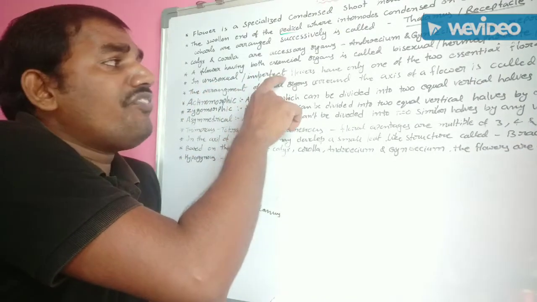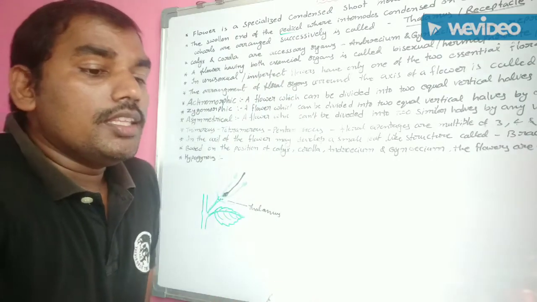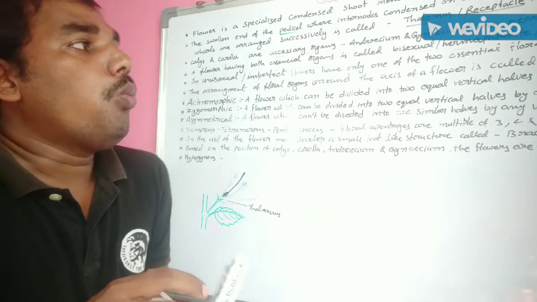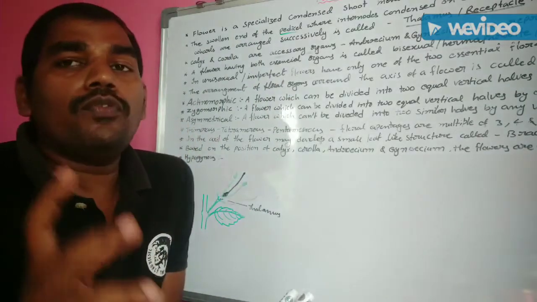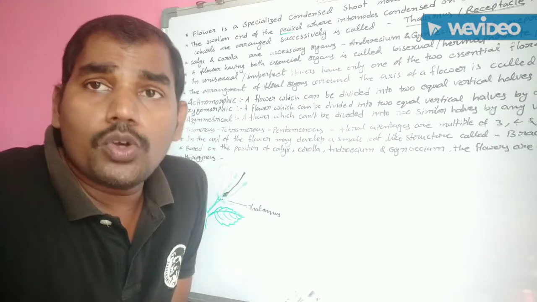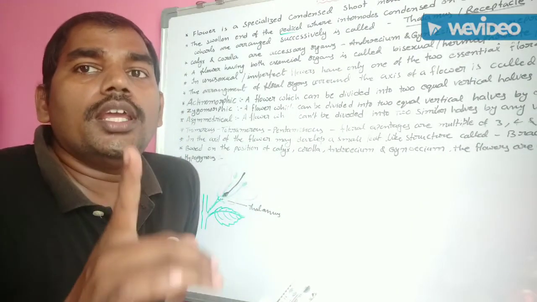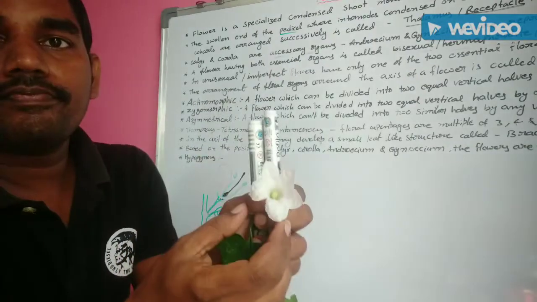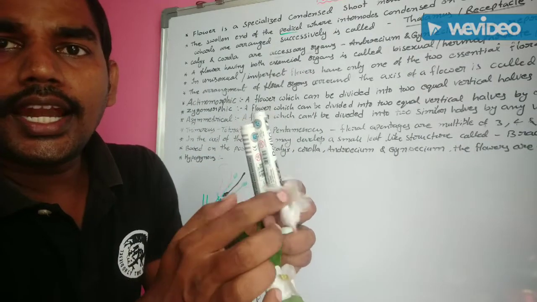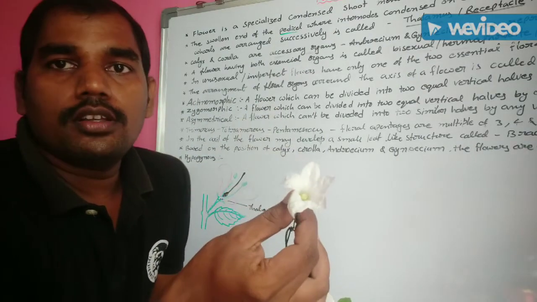unisexual or imperfect flowers have only one of the two essential floral organs. Suppose only androecium is present in a flower.